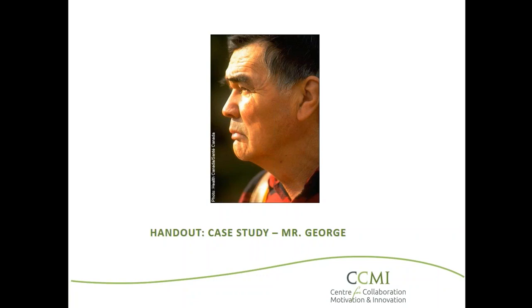Mr. George is married and has teenage grandchildren. He is a retired forestry worker and has gained weight due to a decrease in physical activity. He smoked 1.5 packs of cigarettes per day prior to his stroke, but did not smoke during his hospitalization. He started smoking again after he got home, but is trying to cut back.